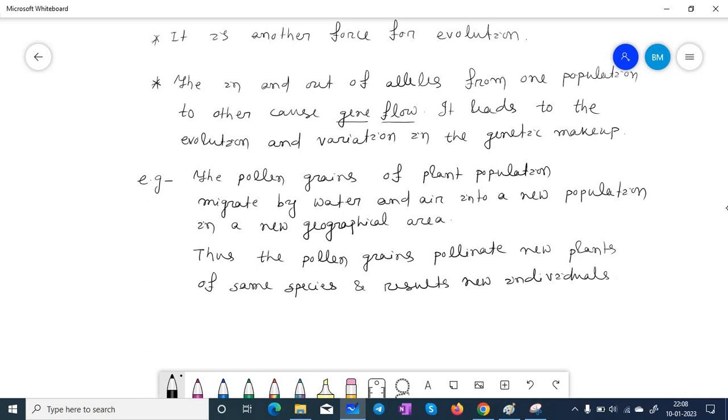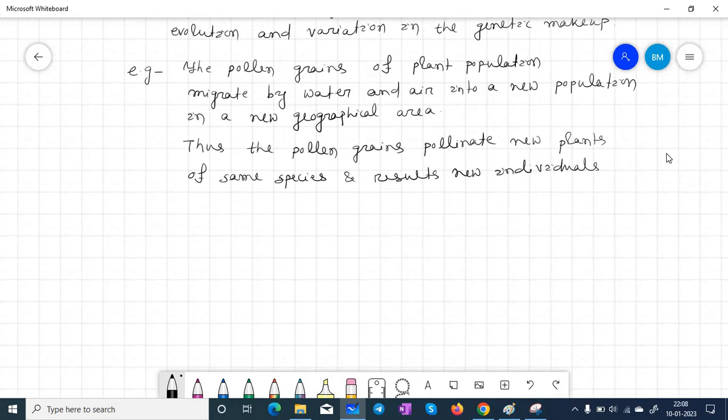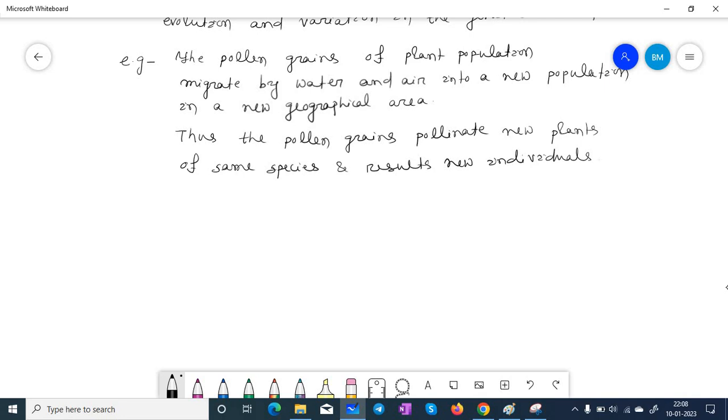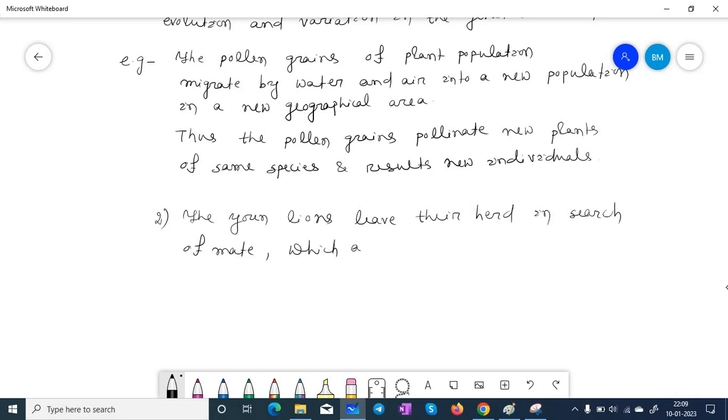Another example is the lion herd. The second example is the young lions leave their haunt in search of a mate which has a different genetic makeup.